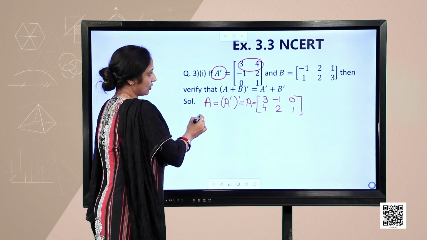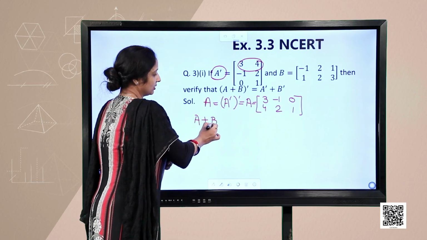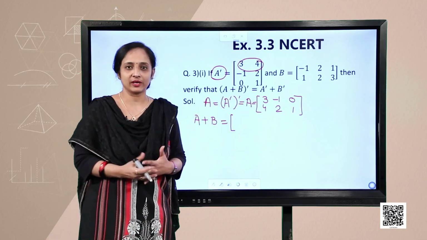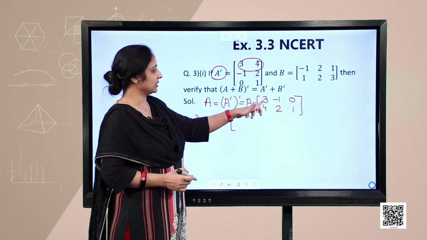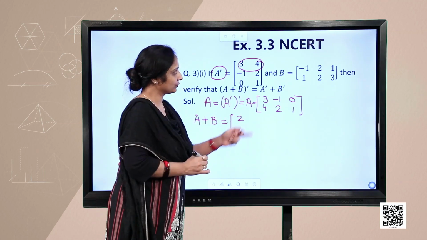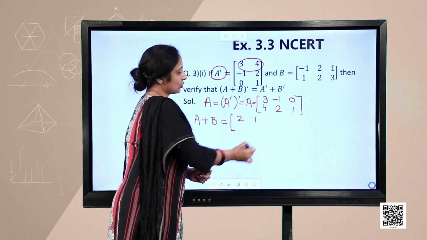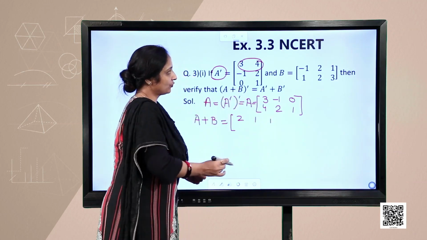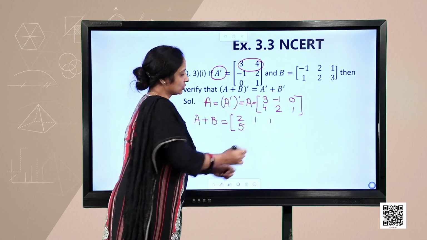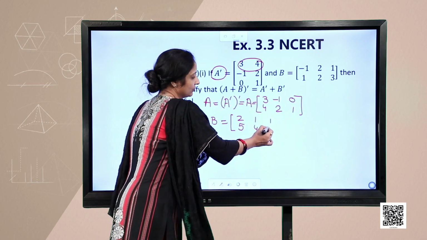After that, you are already having the B matrix with you. So, you are going to add them up, A plus B. You remember how we are going to add two matrices? We add corresponding elements, like 3 will be added with minus 1. So, it is giving you 2, minus 1 plus 2 will give you 1, 0 plus 1, 1, 4 plus 1, 5, 2 plus 2 will give you 4, then last 1 plus 3 will give you 4.